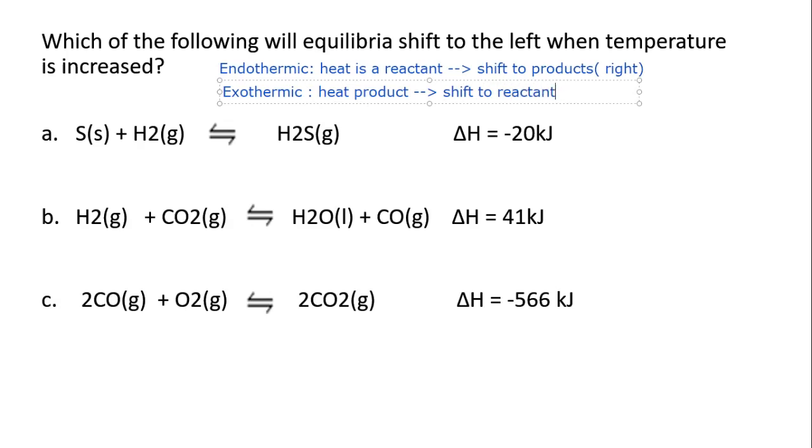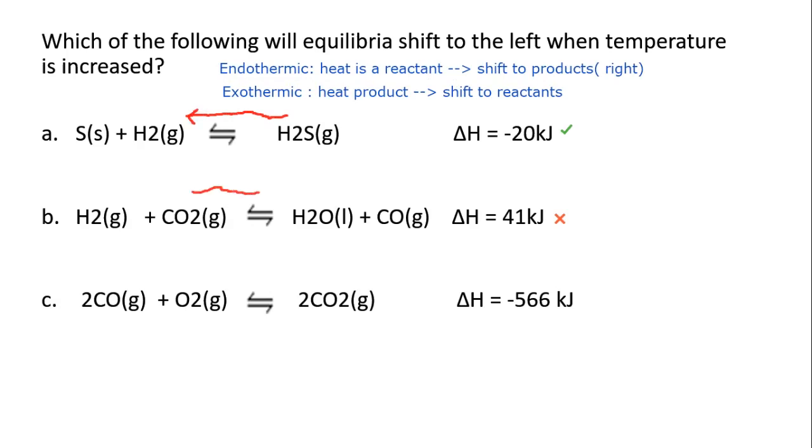So what we're looking for are those reactions in which it's exothermic. So we're looking for heat as a product or a negative delta H. So A has a negative delta H. It will shift to the left when temperature is increased. B would not, because it's endothermic. It would actually shift to the right. So let's draw these. This one would shift to the left.